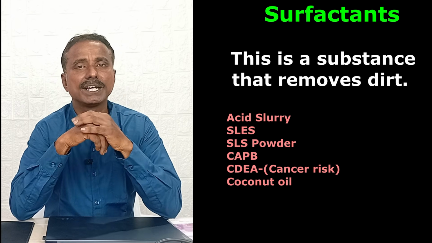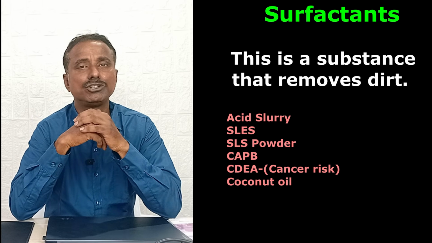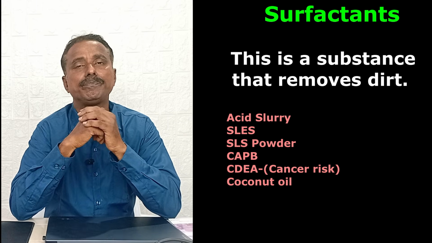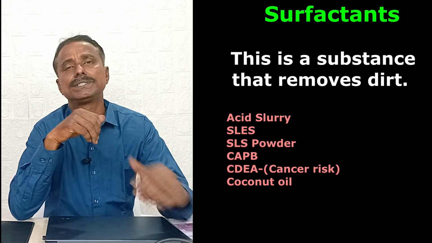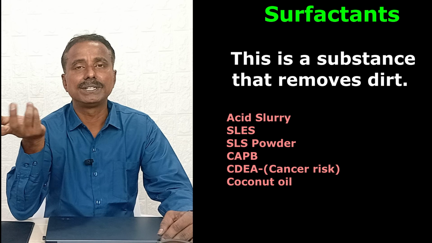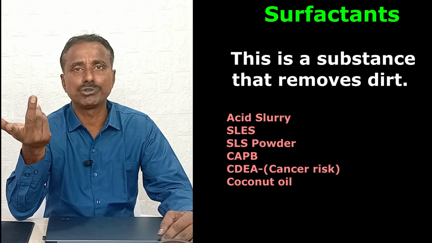It is a possible carcinogen, so we are not using this one. And then non-ionic surfactants like alpha 200, etc. Sometimes coconut oil also we can use, after the lyeration process and the saponification process.